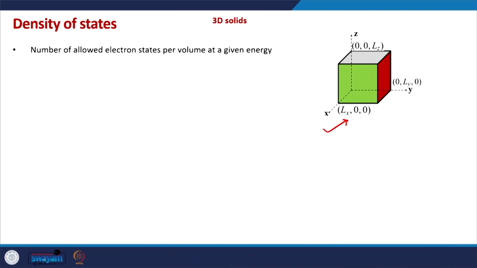So, in these 2 regimes, this EK relationship is parabolic, let us say, and so that is why the mass of the electron now needs to be taken as the effective mass that we studied in the previous classes. So, let us assume that in the regimes of interest, the EK plot is like a parabolic plot, which is not a bad assumption, I would say, which is true in most of the cases.